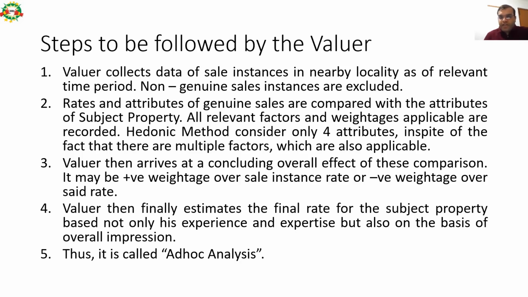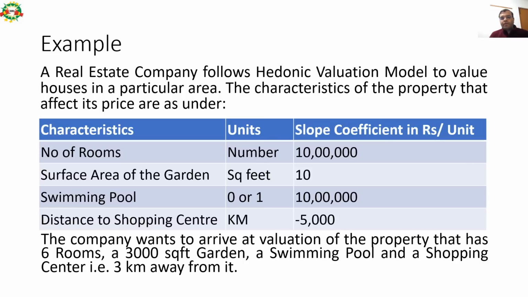So let us try to understand these steps with the help of an example. A real estate company follows the hedonic valuation model to value houses in a particular area. The characteristics of the property that affect its price are as under. So this is the model which has been adopted by the company. Number of rooms: 10 lakh rupees slope coefficient per room.